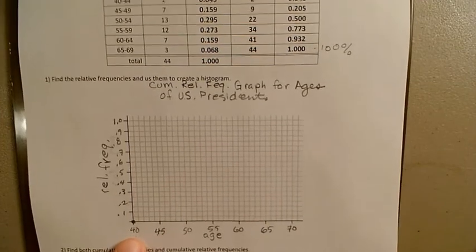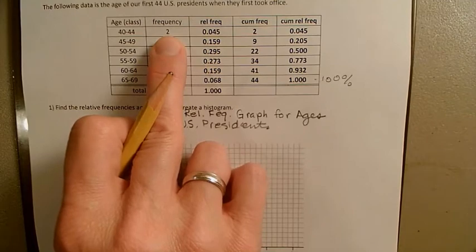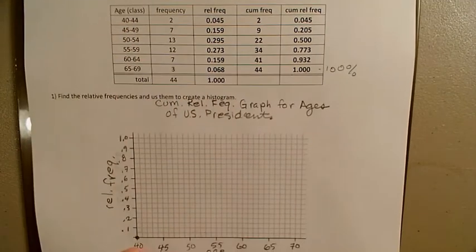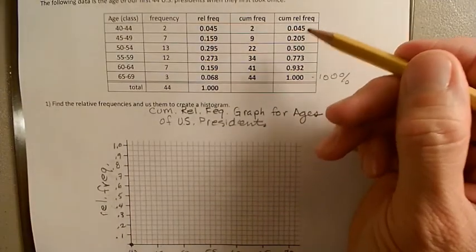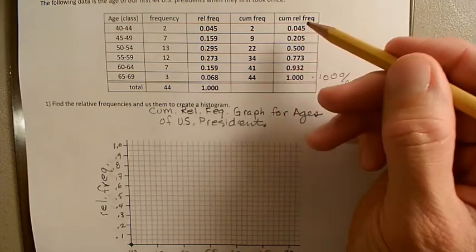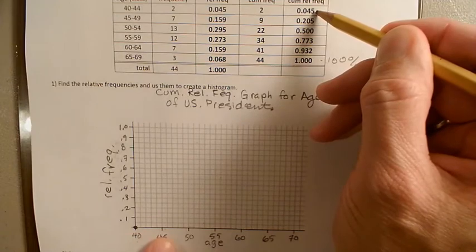Now what we do is start with the 0 in the bottom left corner. Even though one of these people might have been 40 when they took office, there's no one to the left of that. Then on the next one, 45, we are going to plot this. I know it seems like we're off by 1, but it's in this range.